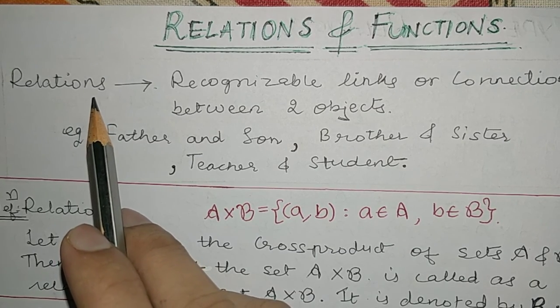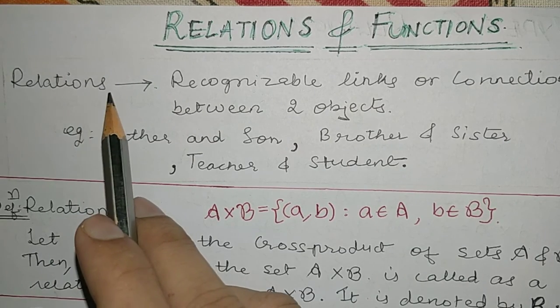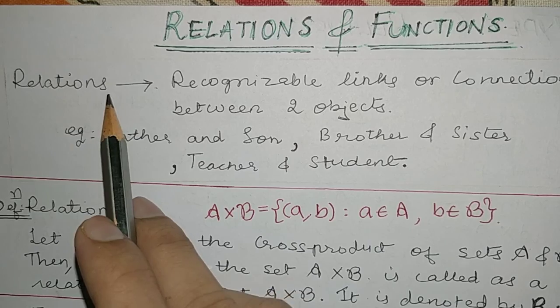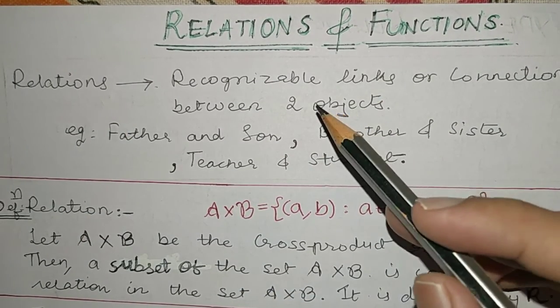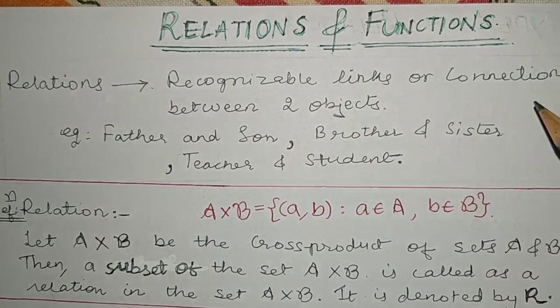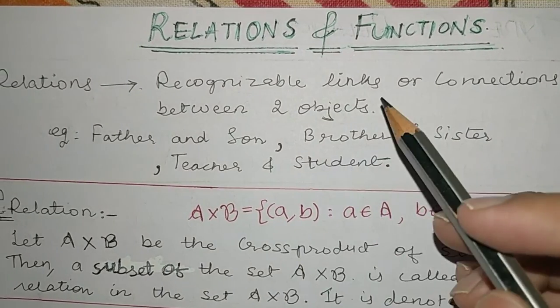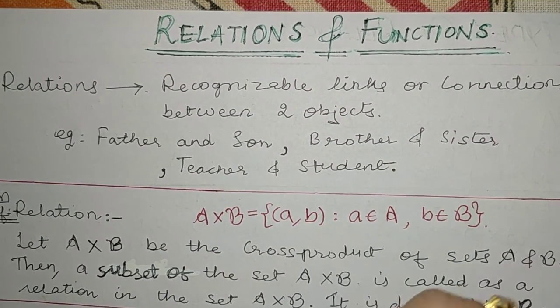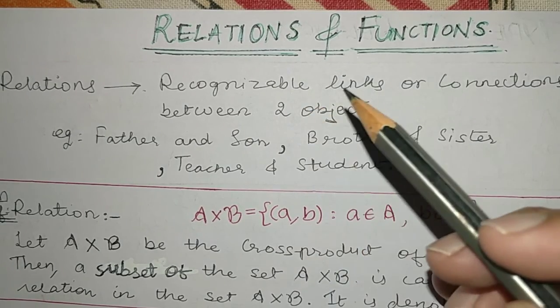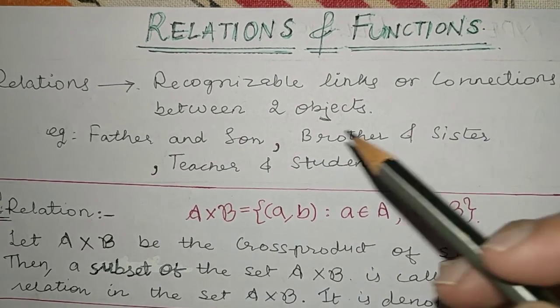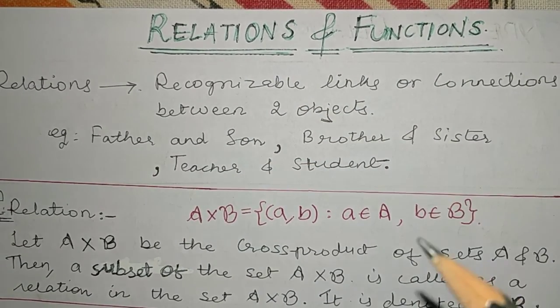Now there you had been introduced to relations, and what are relations? Relations are nothing but recognizable links or connections between two objects. So in daily life, relations mean recognizable links or connections between any two objects.